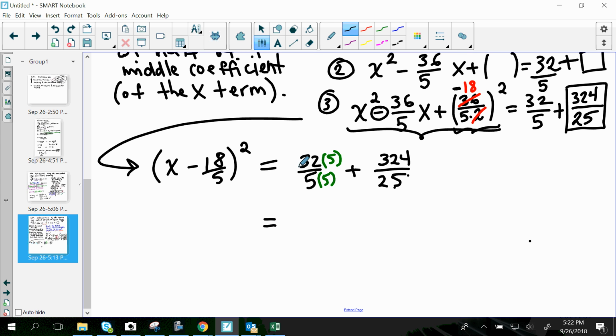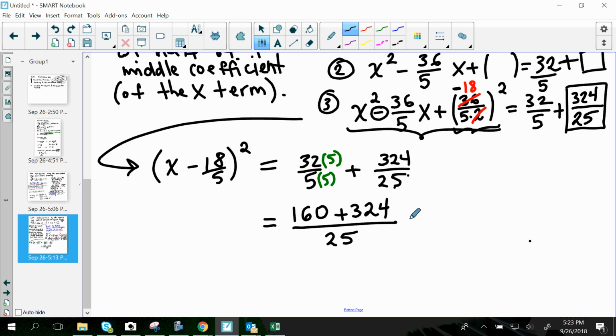So then I'll have 32 times 5. I meant to say 5 times 30 is 150. 5 times 2 is 10, so 150 plus 10 is 160. And then the 324 all over that common denominator.